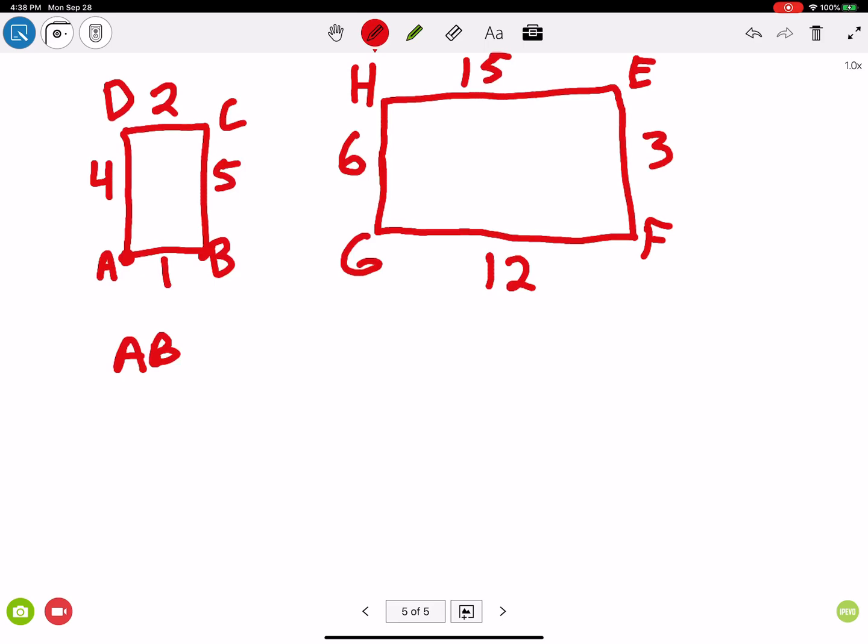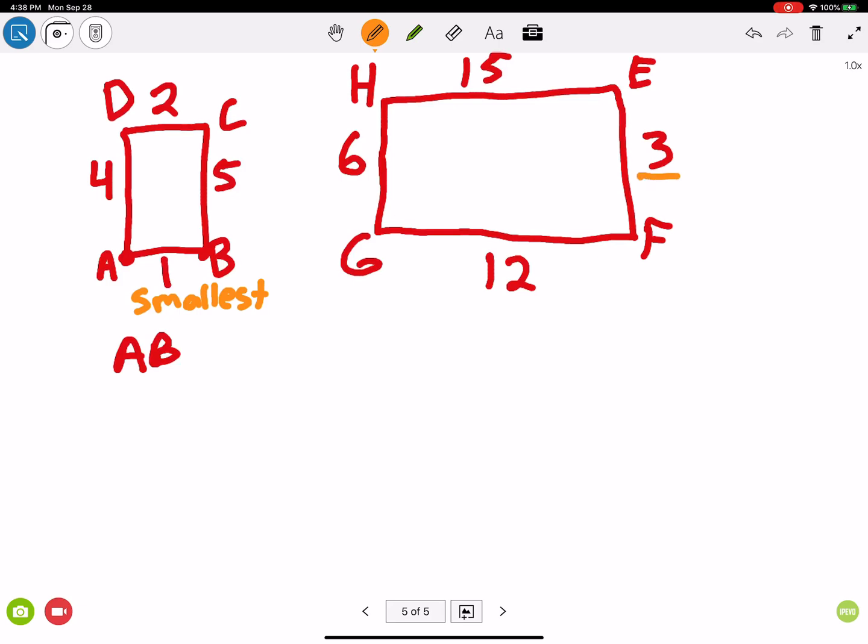So because it's the smallest side, and I'm going to label that as smallest, right? Because it's the smallest side, it has to be proportional to its corresponding side in the other quadrilateral, which means basically find the other smallest side. Well, if AB is 1, and that's the smallest side in the first quadrilateral, what's the smallest side in the second one? What's the smallest side in EFGH?